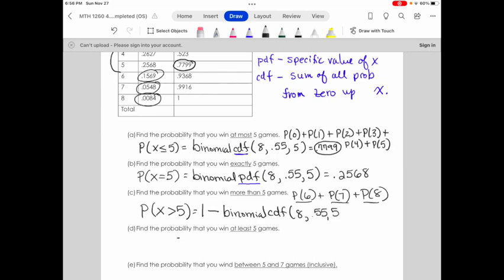I'm going to put in 8, .55 and 5. This here is going to give me the sum of everything from 0 to 5. When I subtract it from 1, what's left is the sum of 6, 7, and 8. So when I do that, I'm going to get 0.2201.